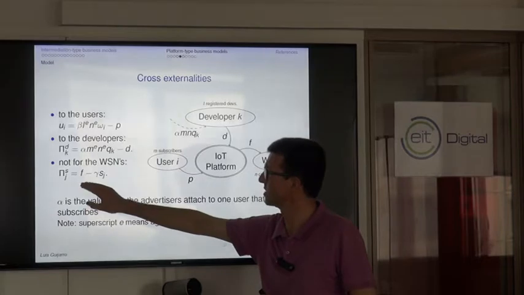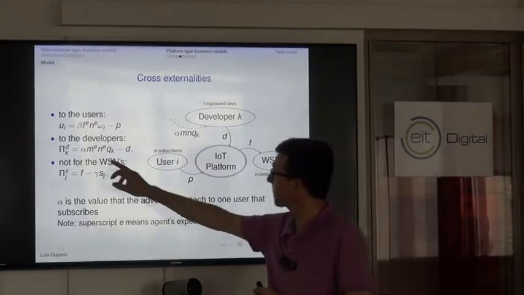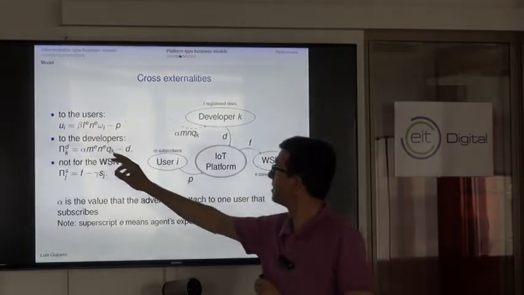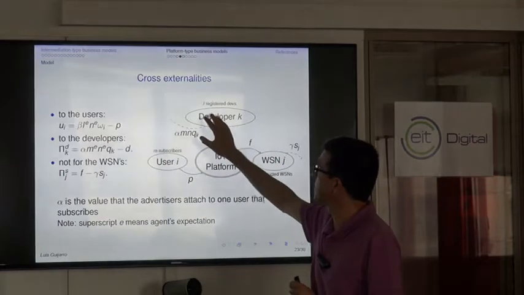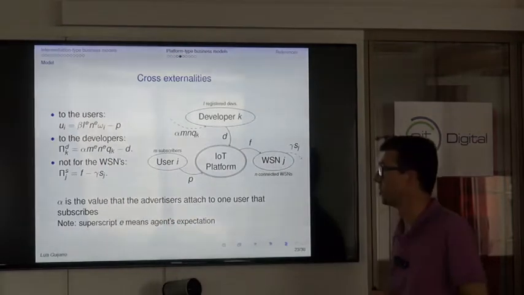There is no cross externality going into the networks. And this superscript E means that L is the number of registered developers that the user expects.